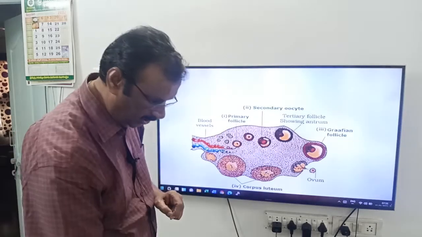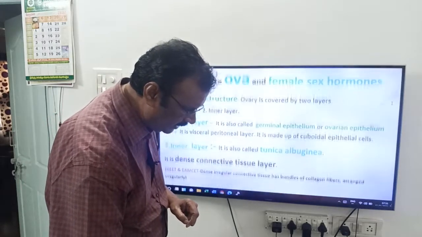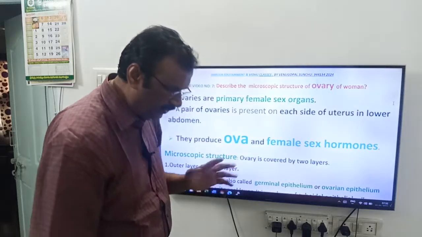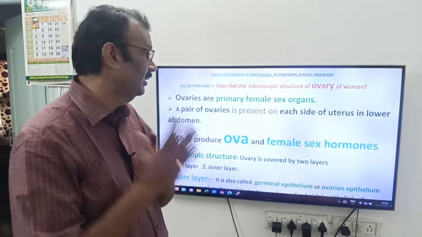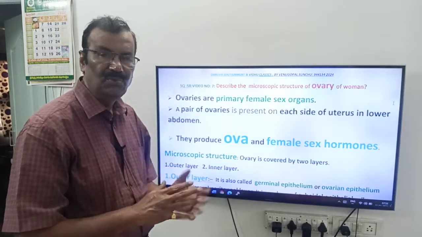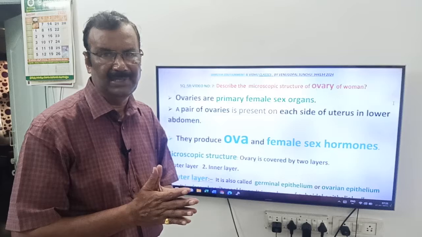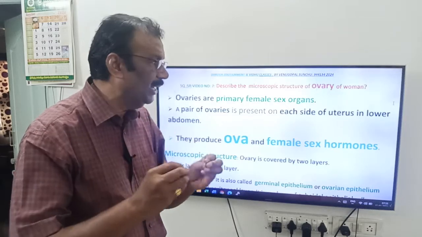Now once again you see the structure of the ovary, friends. Ovaries are the primary female sex organs. One pair of ovaries is present on either side of the uterus in the lower abdominal cavity.